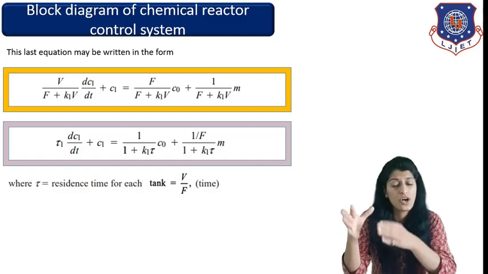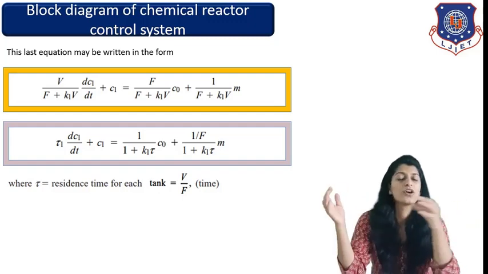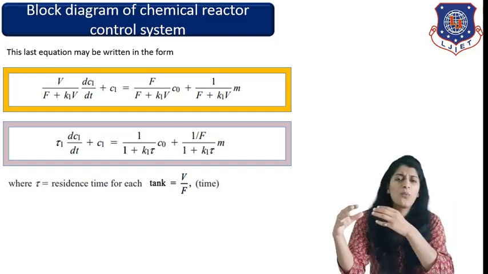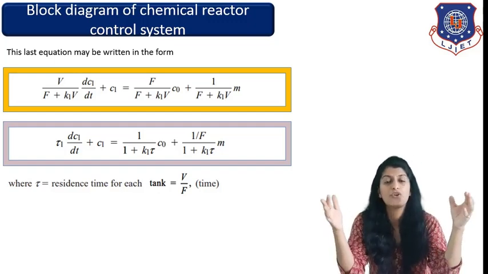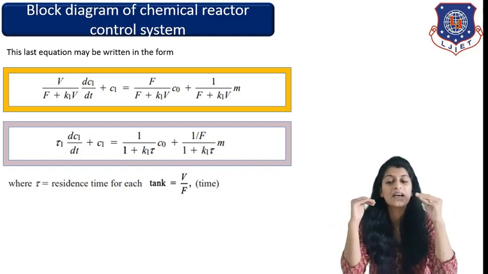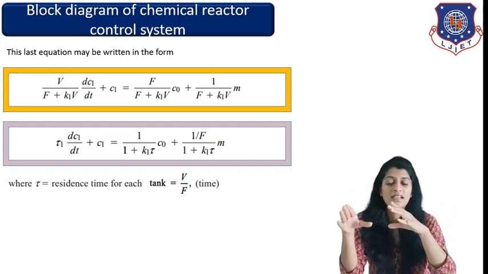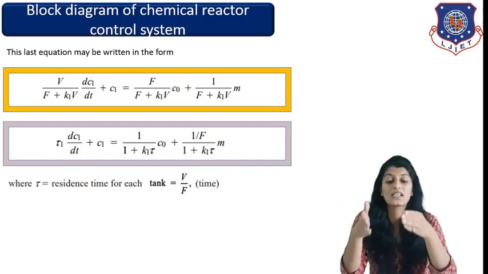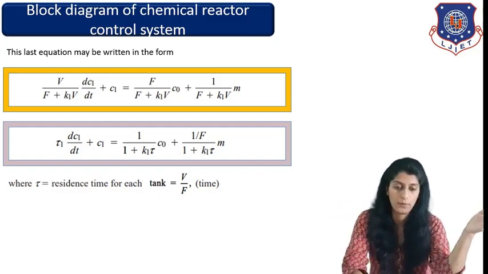So whatever tanks you have used, either 2, 3, 4, 5, whatever the number of tanks you have used in series, the residence time of each tank will be individual, that is tau 1, tau 2, tau 3 and so on, right.